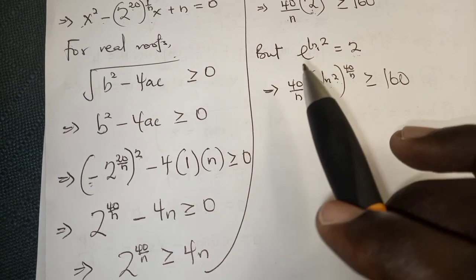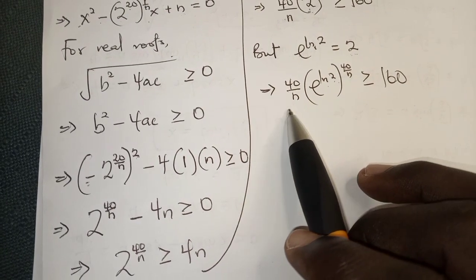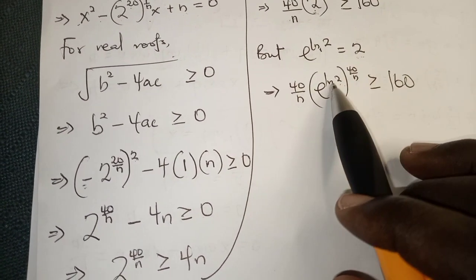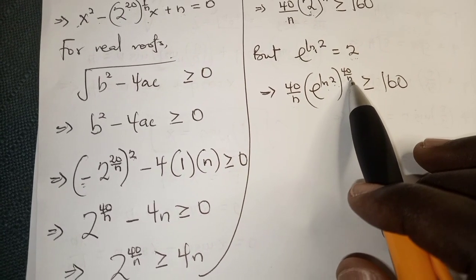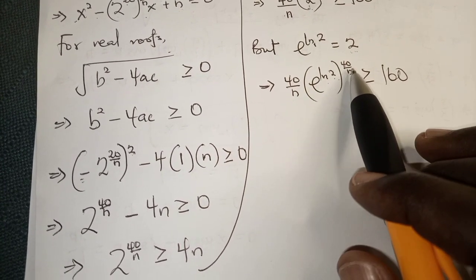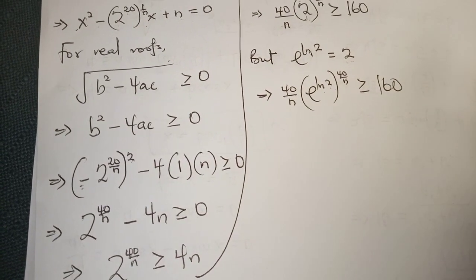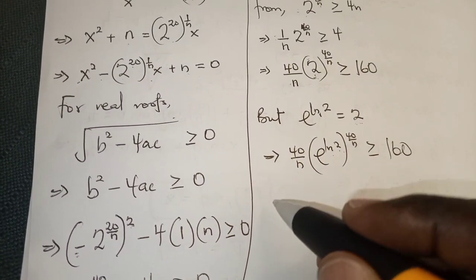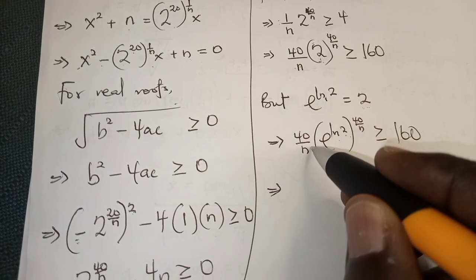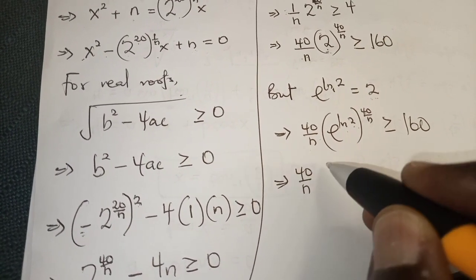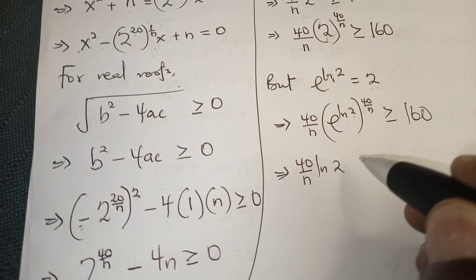So we multiply the left hand side by ln 2 and the right hand side by ln 2. Remember, this is just an exponent, so this will multiply the exponent, but this will not multiply the 2, it will become a coefficient. That's perfect. So we'll be having 40 on n ln 2.